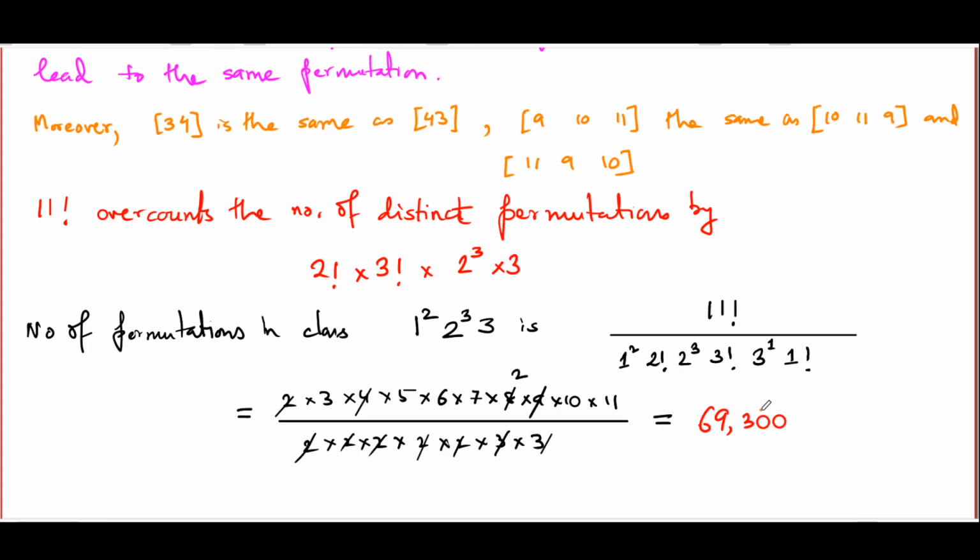Here, of course, the only things that matter are the 2 factorial, 2 cubed, 3 factorial and 3 to the 1, which is exactly the overcount that we have. And after you cancel out all the common factors between the numerator and the denominator, what you end up with is the number of elements in this particular conjugacy class, which turns out to be 69,300 in this case.